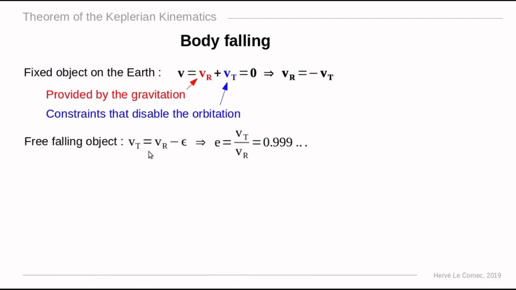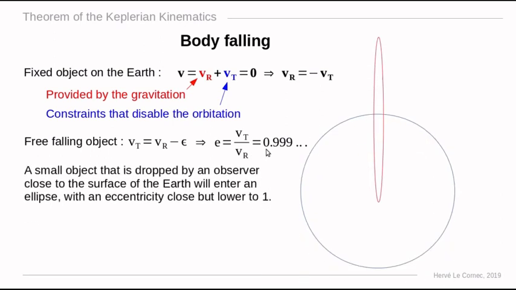Now let the object fall to the floor. Doing so, you will decrease the constraint applied to the object, so the translation velocity will be lowered, and consequently the eccentricity of the motion will be close to but lower than 1. And this describes a very sharp ellipse. The Earth here in blue would be transparent.